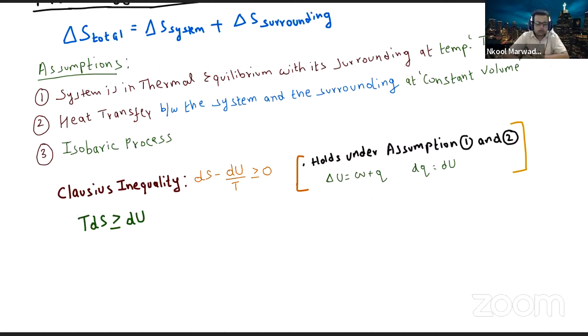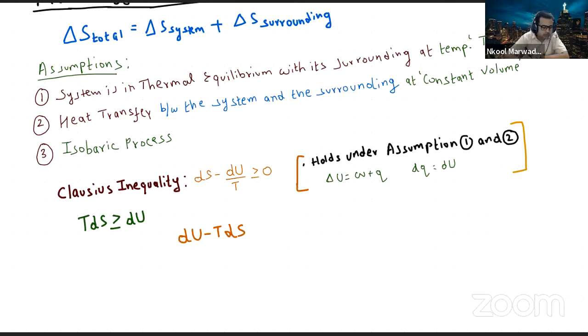And one more very interesting observation we can make from this relation. I can say that the dU minus TdS term is basically equal to dA.